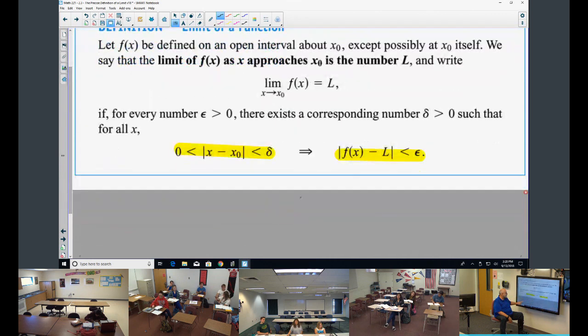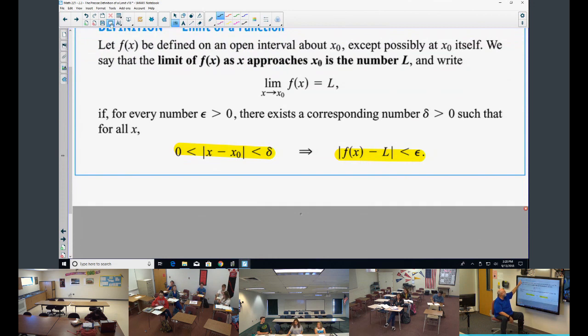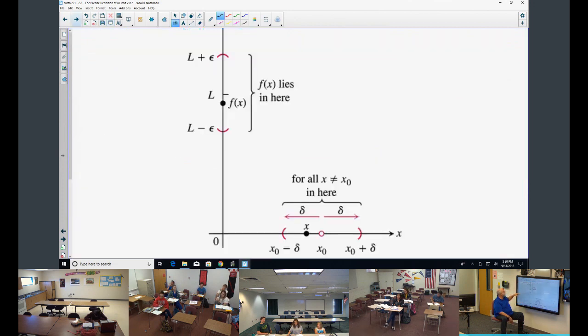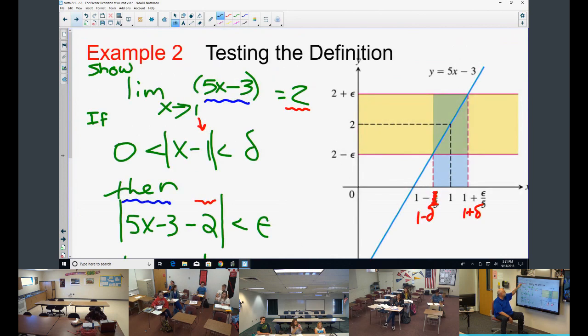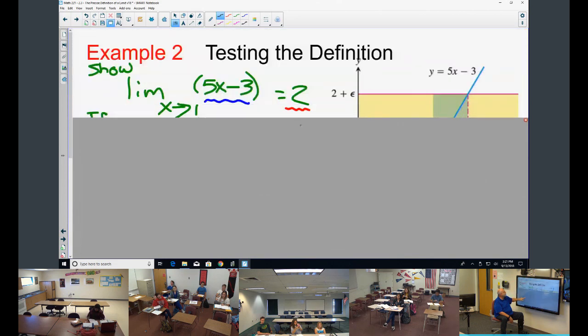So, all right. Let's show that the limit as x approaches 1 of 5x minus 3 equals 2, using the delta epsilon definition.